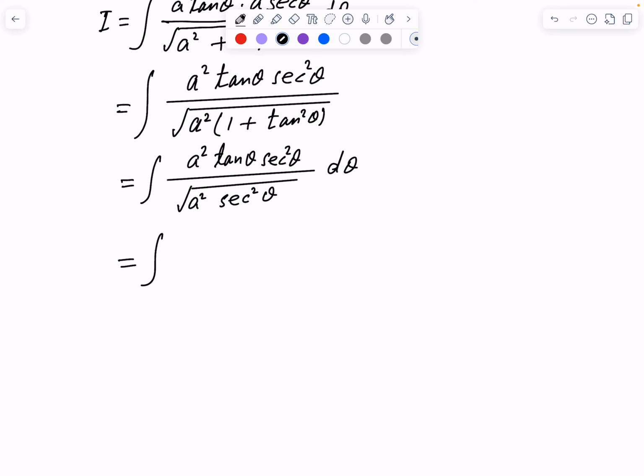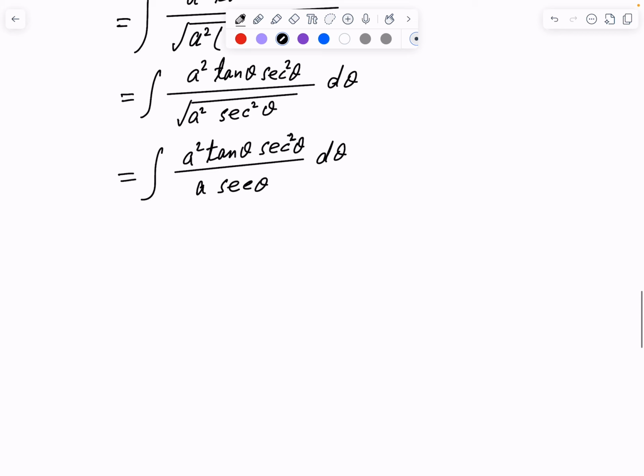We're going to have a squared tan theta secant squared theta divided by a secant theta, multiplied by d theta.